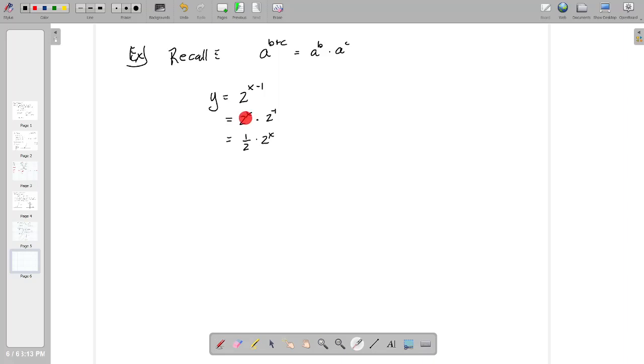Our 2 to the x just stays the same. 2 to the negative 1 becomes 1/2. So if we shrink it by 1/2, then it's the same thing as if we moved the entire graph to the right 1 unit. This is actually an interesting property because we can rewrite a horizontal shift as a vertical stretch or shrink.